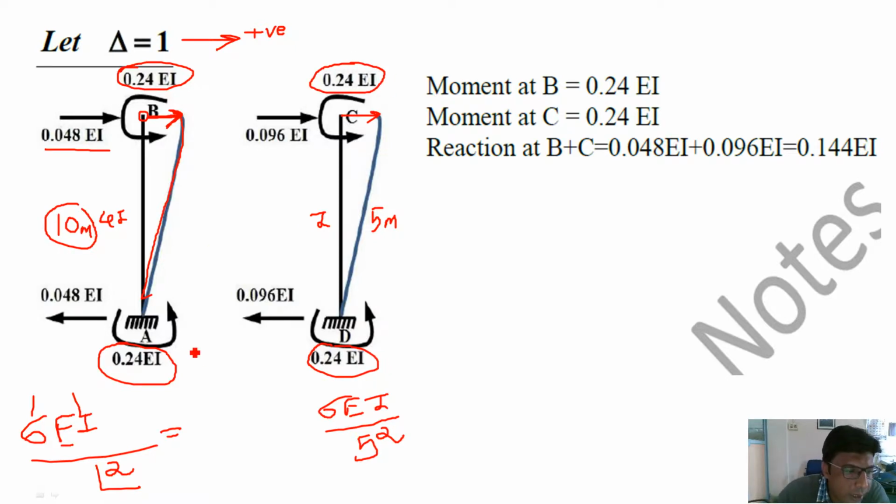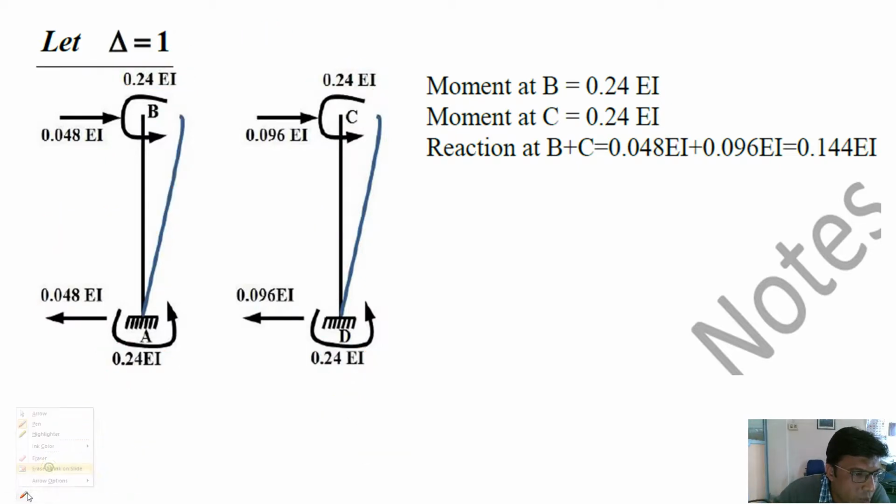Now to decide the nature of moment, it's very simple. Draw one arrow in the direction of displacement. Displacement is towards right, so draw one arrow in the direction of displacement and bend that arrow outside the column. You will get the moment. It is anti-clockwise. Nature of moment is anti-clockwise at both ends.